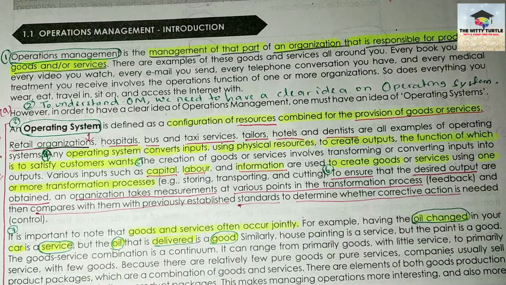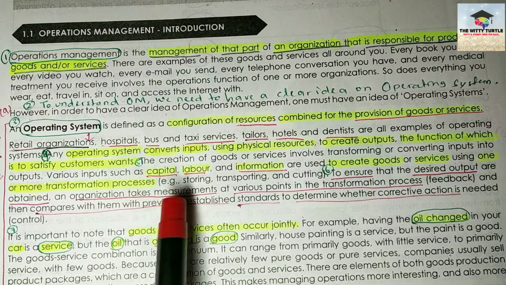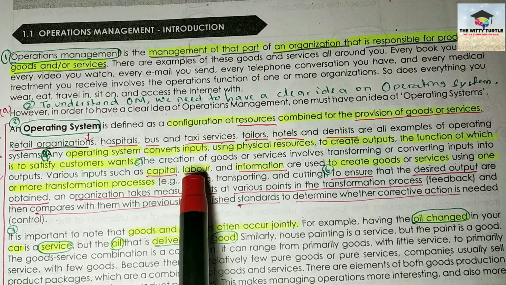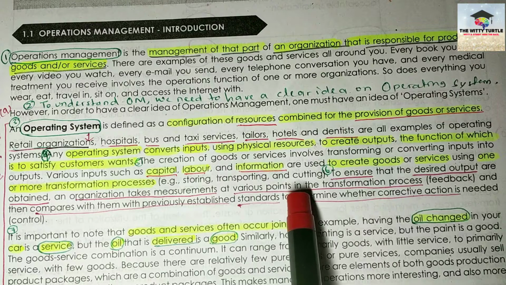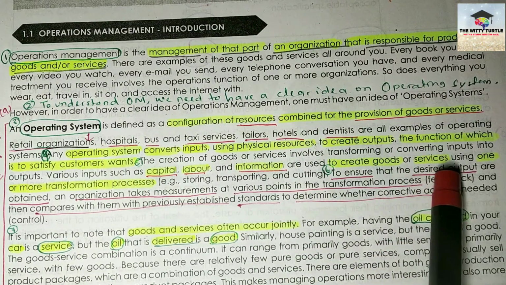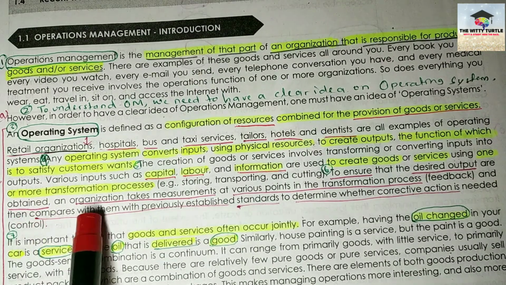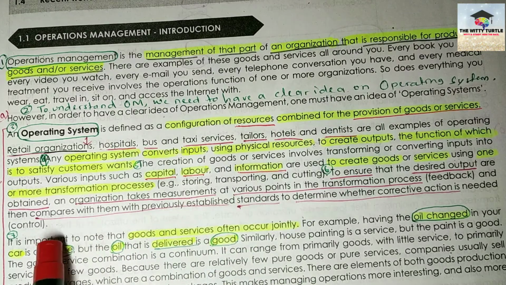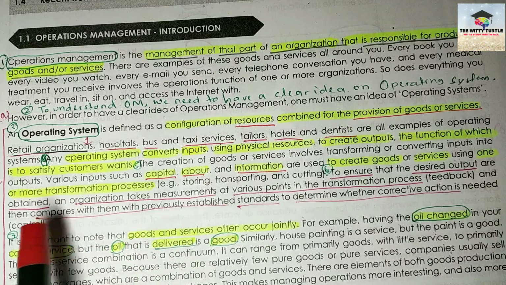So in this case, there are various inputs: you need capital, you need money for any kind of production, you need labor, you need information, and now they use these inputs and they create goods or services using one or more transformation processes. What can be the transformation processes? Like storing, transporting, and cutting, etc. Right? So we use many transformation processes to convert the input into output.